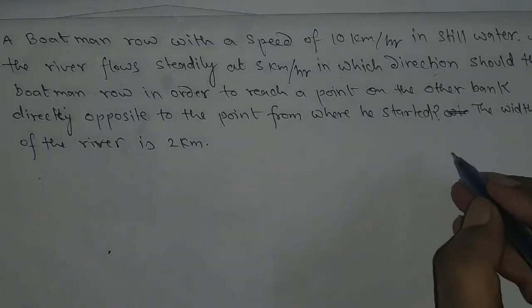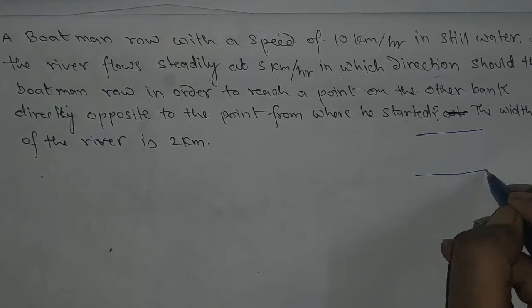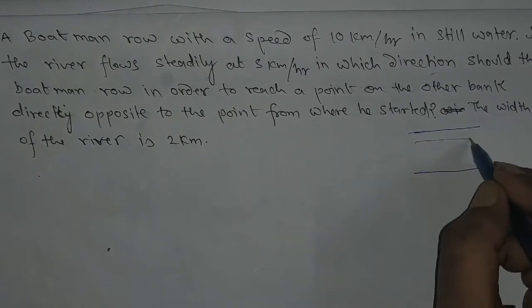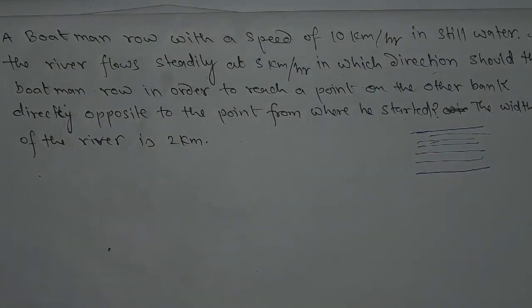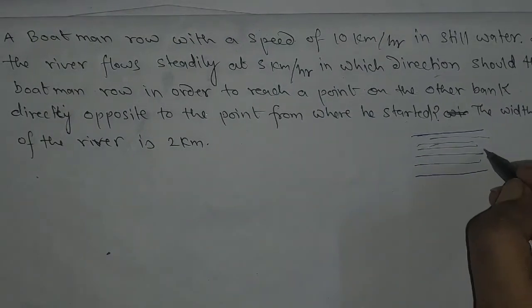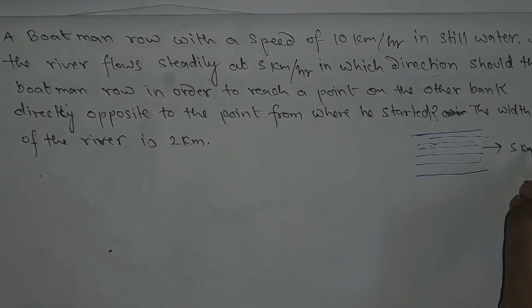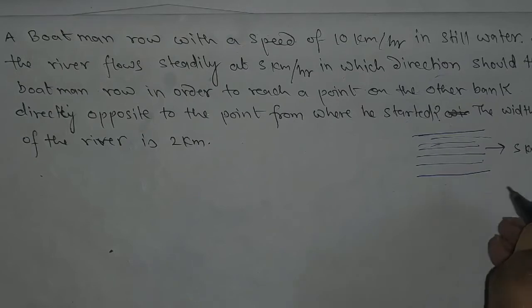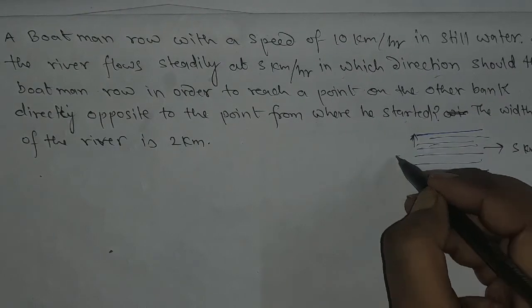See, this is the river. Okay, the width of the river, and this is flowing. The river is flowing. What is the speed of the flow of the river? That is 5 km per hour. Okay, and width of the river is 2 km.